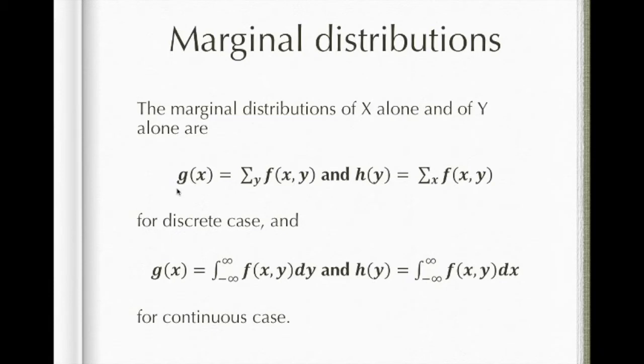So if you have to calculate the marginal distribution of x, you have to sum up all the possibilities for the y domain for that particular value of x. In the case of continuous, you have to integrate over the range of y for that particular value of x.